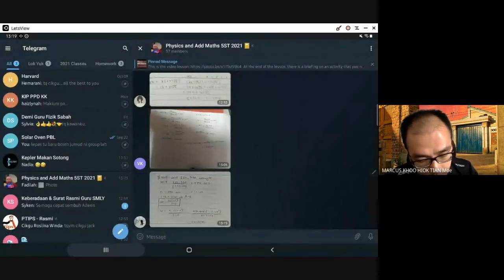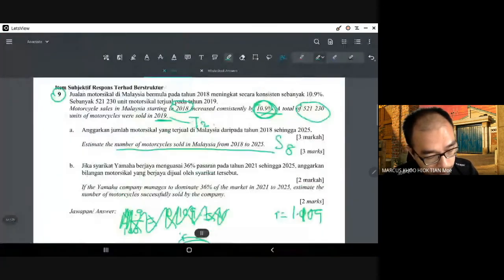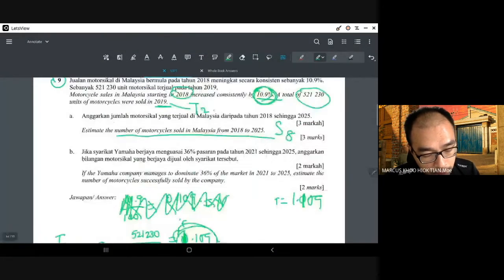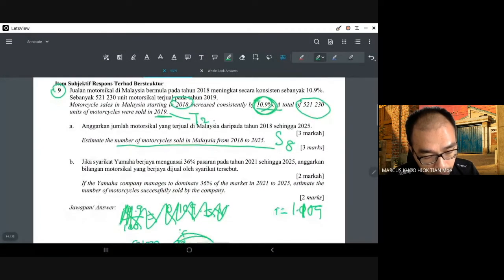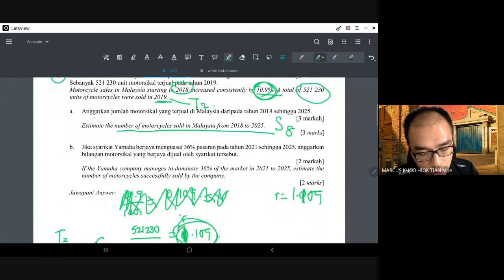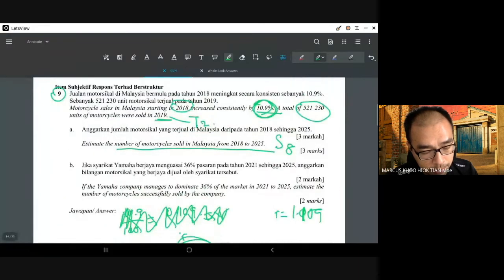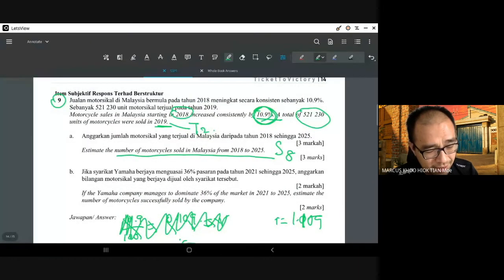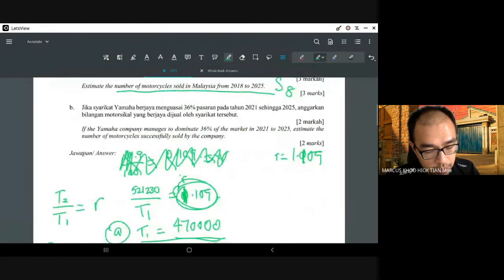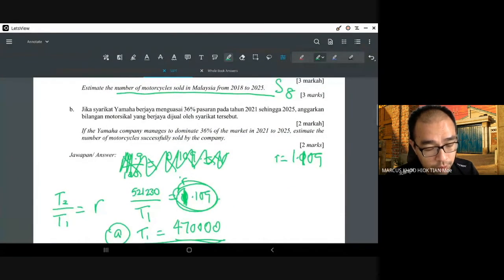You want to do B? Let's see, B. If the Yamaha company manages to dominate 36% of the market in 2021 to 2025, estimate the number of motorcycles successfully sold by the company. Estimate the number of motors.